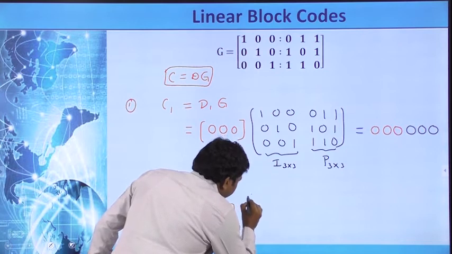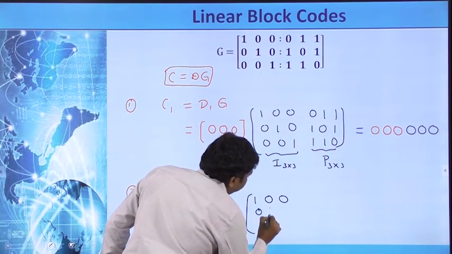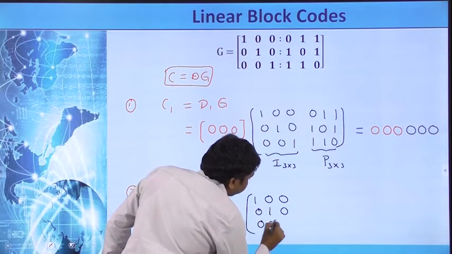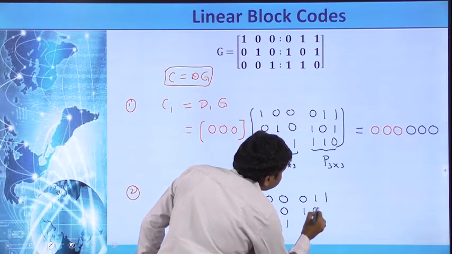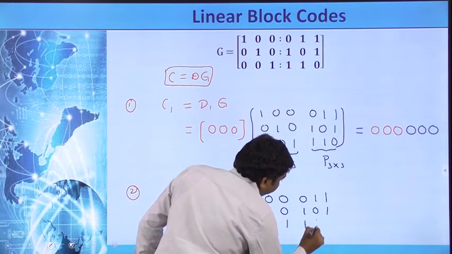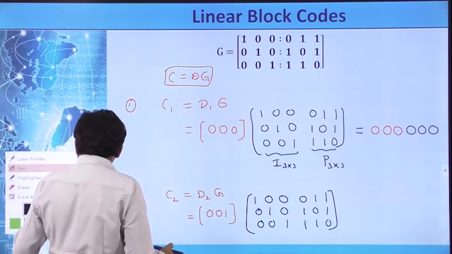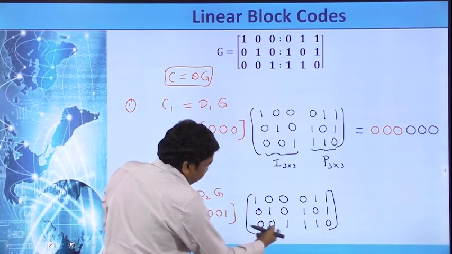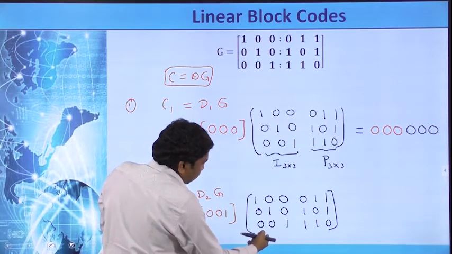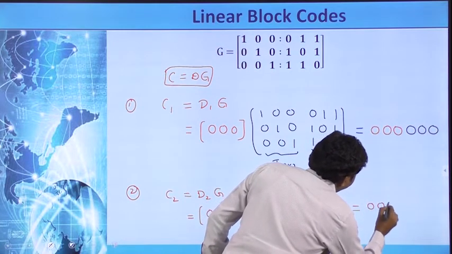And G means the generator matrix 1 0 0 0 1 0 0 0 1 0 1 1 1 0 1 1 1 0. Perform the multiplication of these two matrices. The first 3 bits are nothing but our message, multiplied with the identity matrix, so obviously you get 0 0 1.